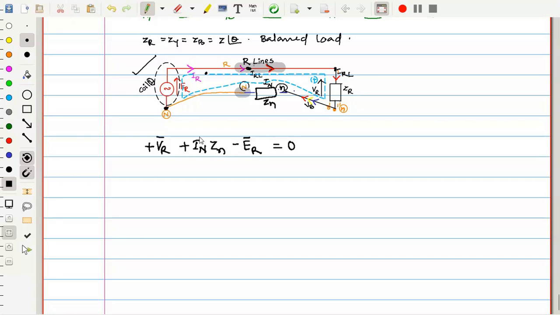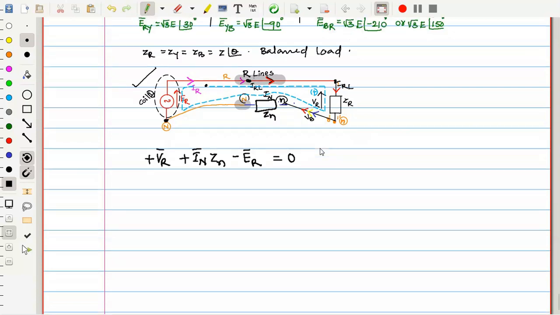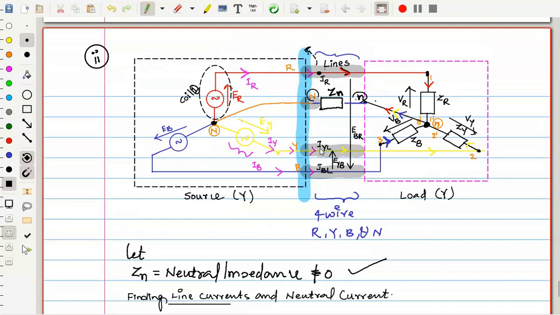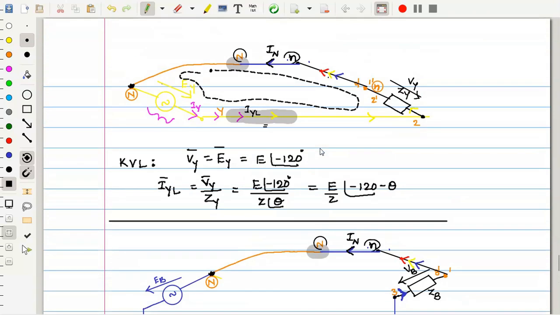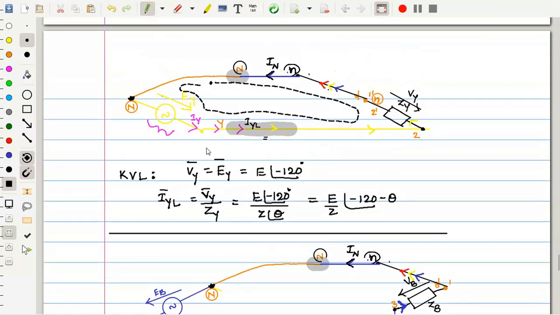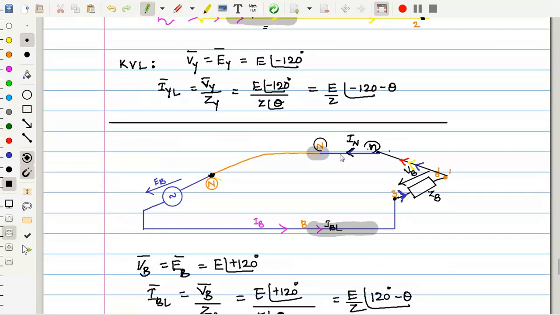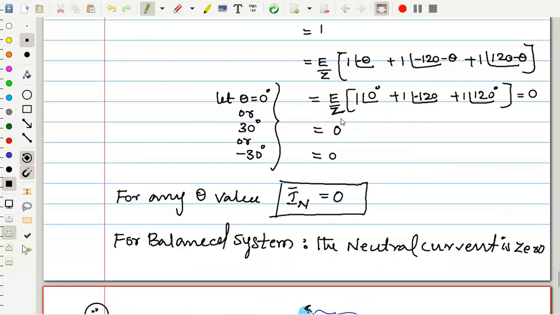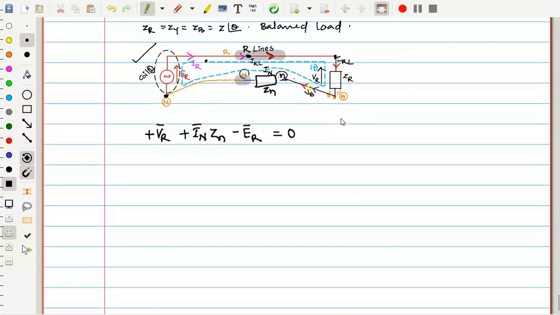Obviously, all are phasors, currents and voltages. Let us assume this is equation 1. Similarly, you write for the remaining phases these loops, like the Y loop with neutral impedance here and the B loop with neutral impedance here, KVL equations the same as this.